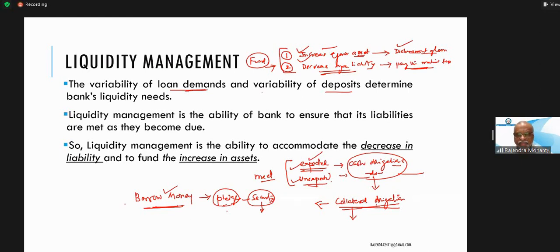Or the third condition is you can borrow from the market at a very reasonable cost. So borrowing is okay, fine, but borrowing should be at a reasonable cost. High cost borrowing is not good for the bank because it is going to eat away your profit.